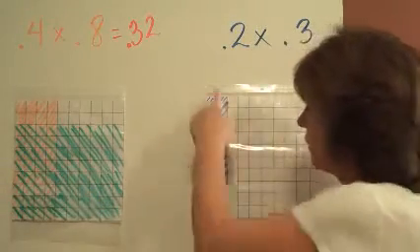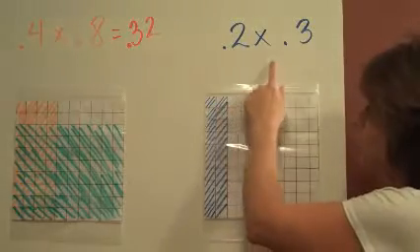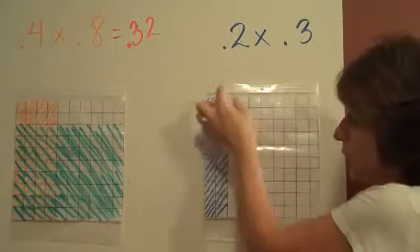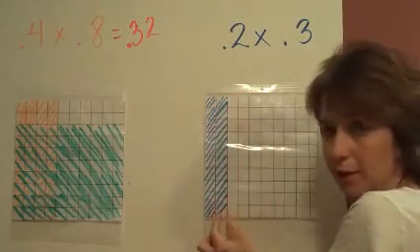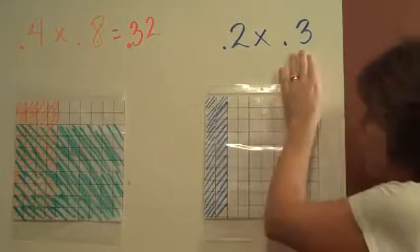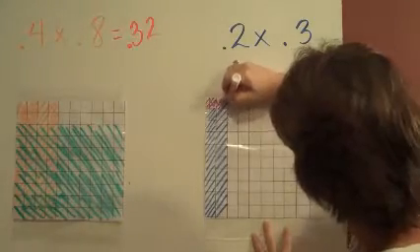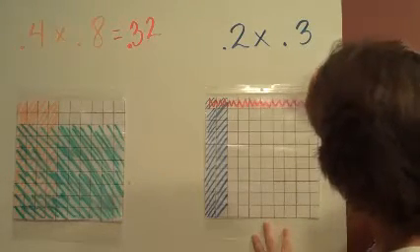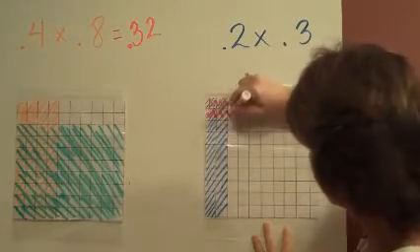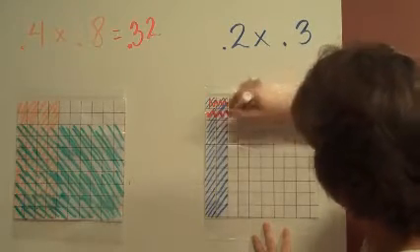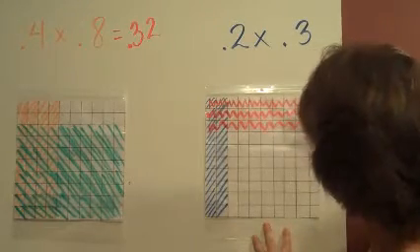Let's do this one together. 2/10 times 3/10. 2/10 is already modeled, colored vertically, so I'm going to model 3/10 the opposite direction. That's 1/10, 2/10, 3/10.